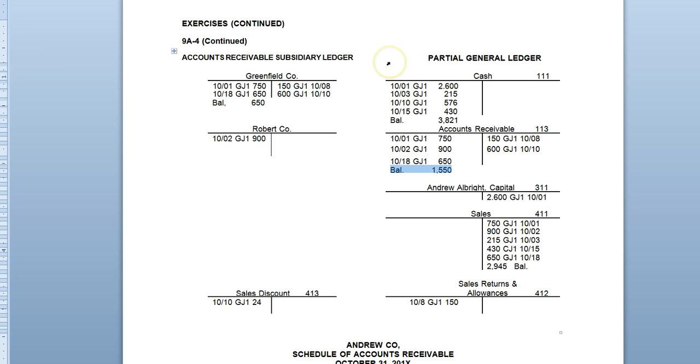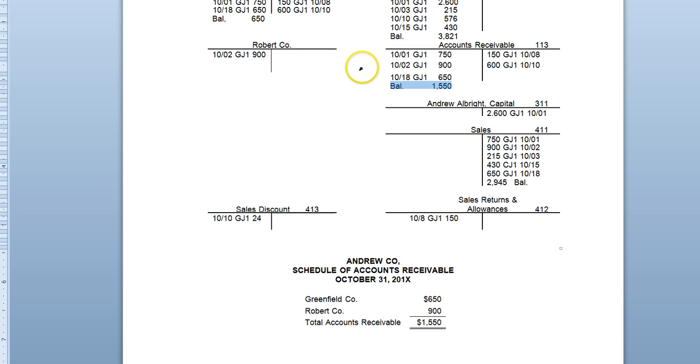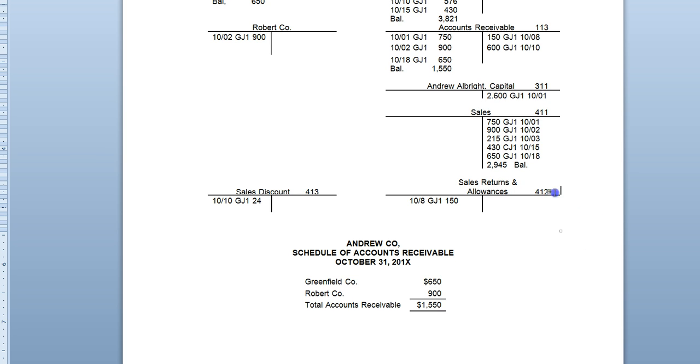So accounts receivable is usually associated and topically arranged with receipts, and the accounts payable, which you'll run into in Chapter 10, I'll do another video for you, has got to do with the purchasing and the payment for the merchandise purchased. And we're going to run into the same scenarios.